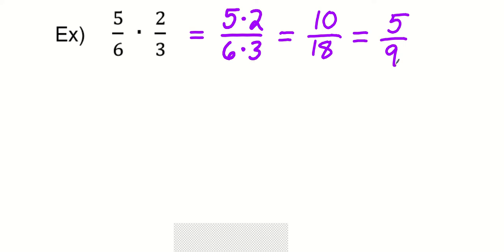What I wanted to briefly talk about there is that some people, like myself from time to time, actually like to do some simplifying or reducing before you actually multiply.